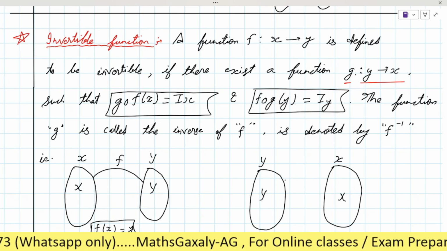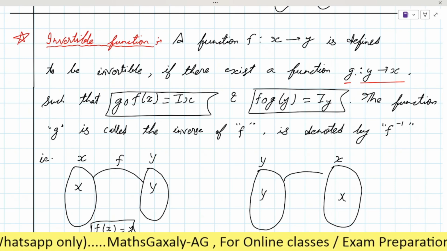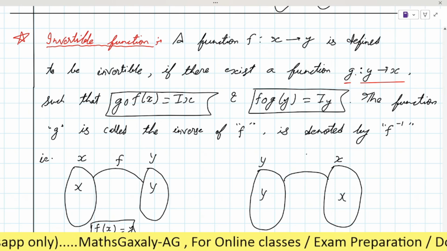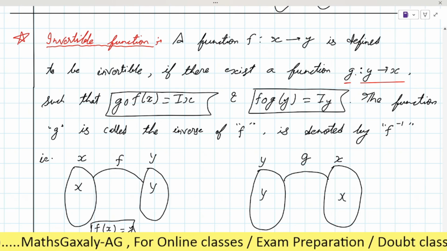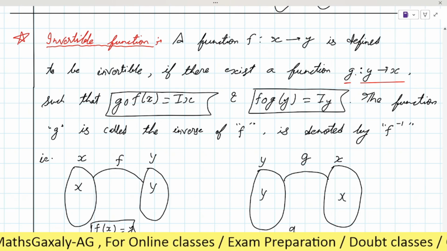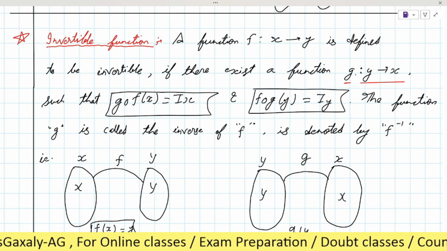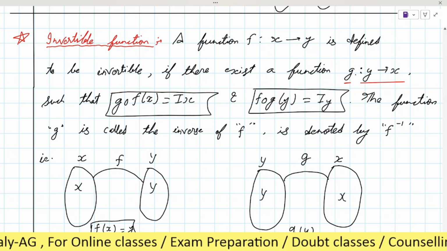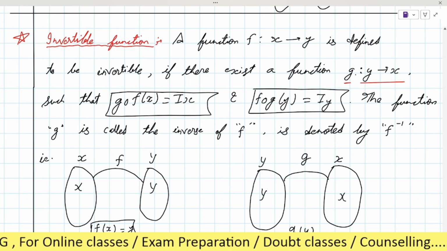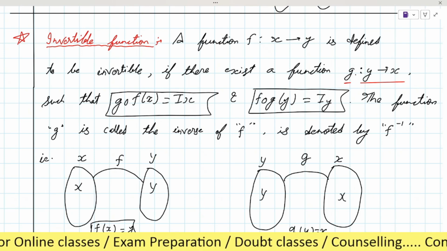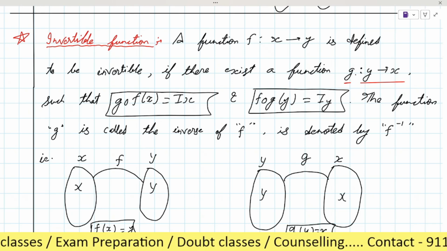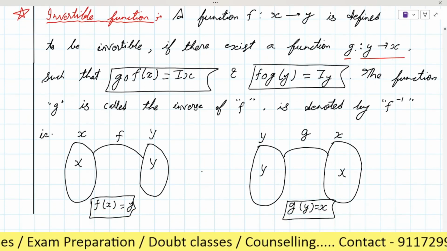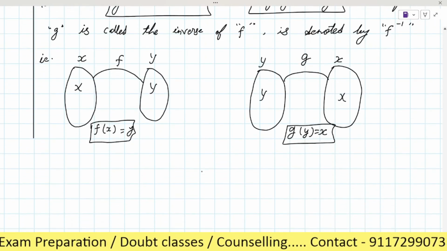So the function from Y to X will be the function g. In this way we can say that when we put g(y), we will get the outcome x. So here we can say that g(y) is equal to x.